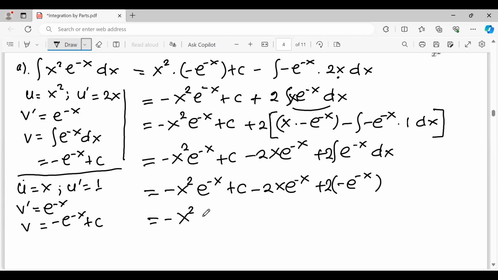Minus x squared e power minus x minus 2x e power minus x minus 2 e power minus x plus c. Yeah, that's one.